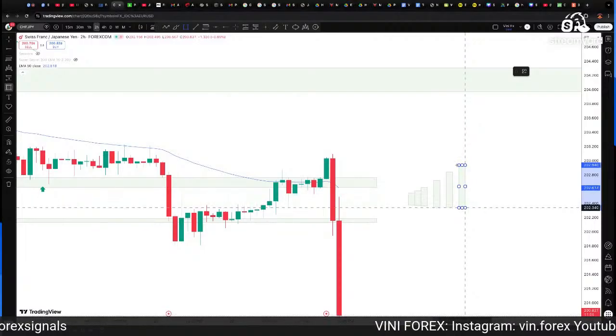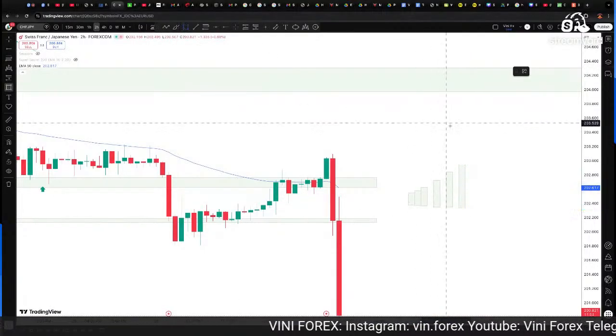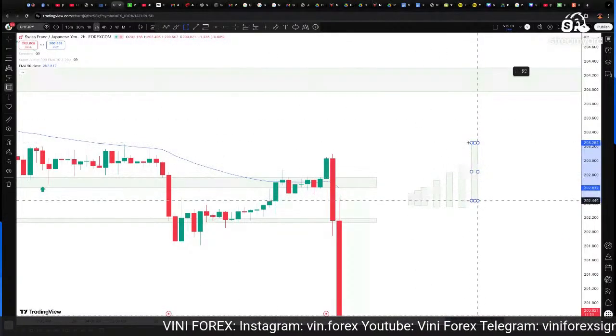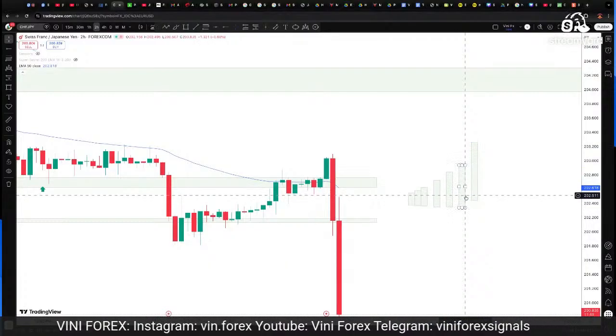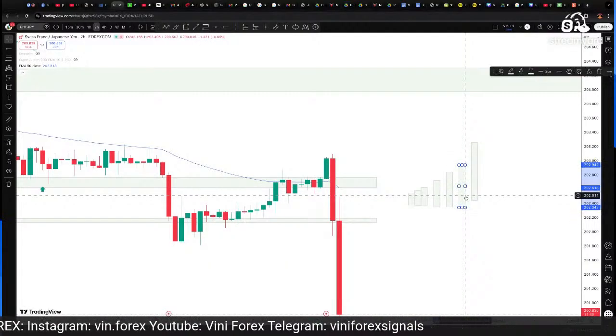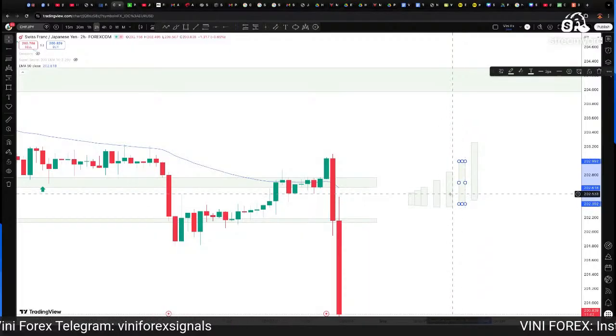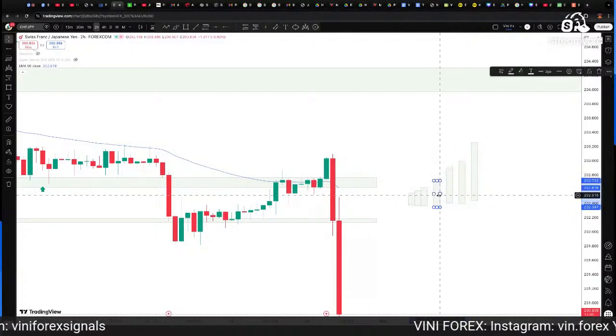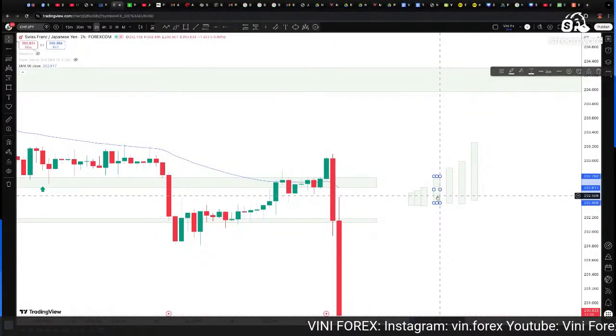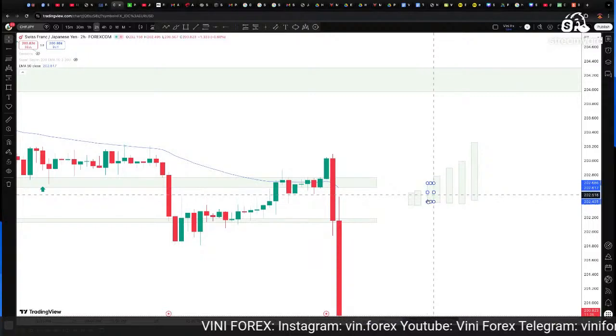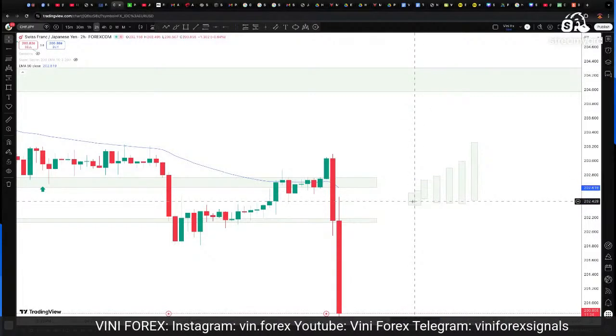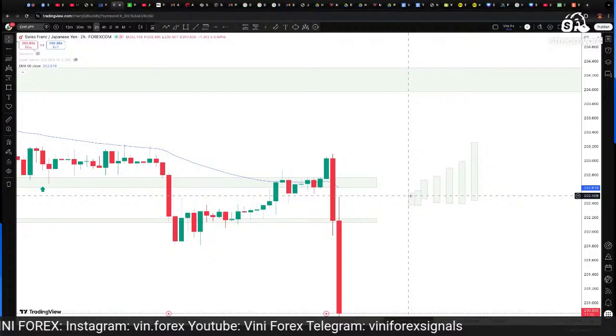New candles printing. You see, this again is a candle seven. Do you see this? Yes, sir. New candles printing. You see these candles? They are printing.